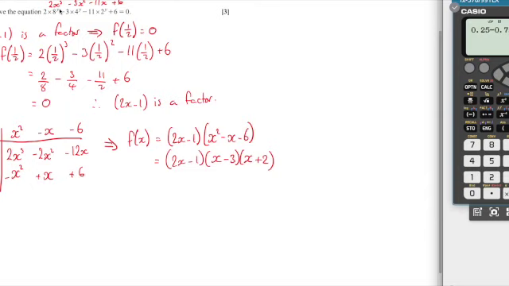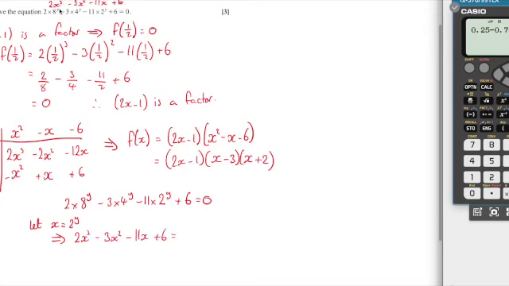So what we could do is say something like, if I have 2 times 8 to the y minus 3 times 4 to the y minus 11 times 2 to the y plus 6 equals 0, and I make a substitution, something like let x equal 2 to the y, then you get 2x cubed minus 3x squared minus 11x plus 6 equals 0.